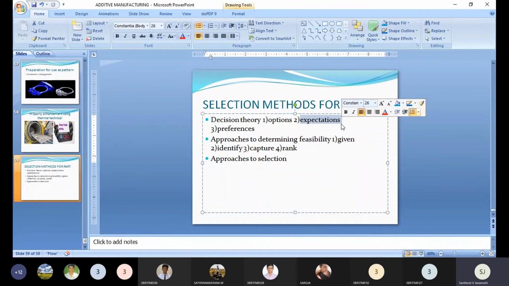We, the design engineers and process engineers, also have some expectations. We need to take this machine for what he's saying. As per his intent, we need to take this machine. This technique, this machine, these parameters, these materials. These are the expectations.